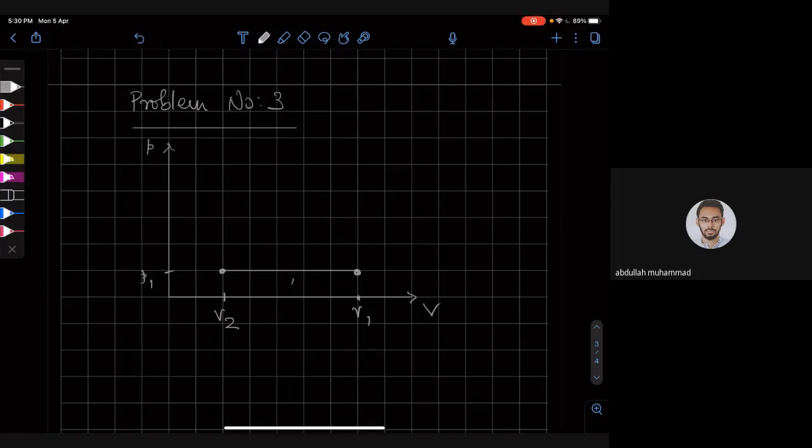And then the gas is heated at constant volume, so V2 remains the same. But since the gas is being heated, its pressure goes up, and it goes up to the pressure, say, P2. Okay? So it's an isochoric, I think, expansion.